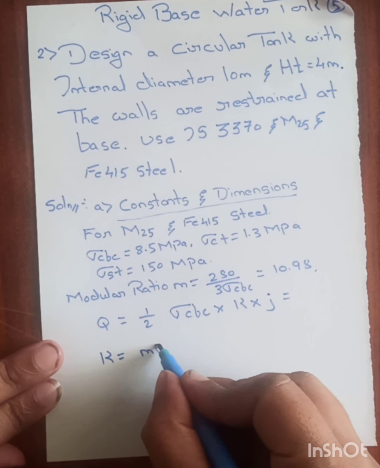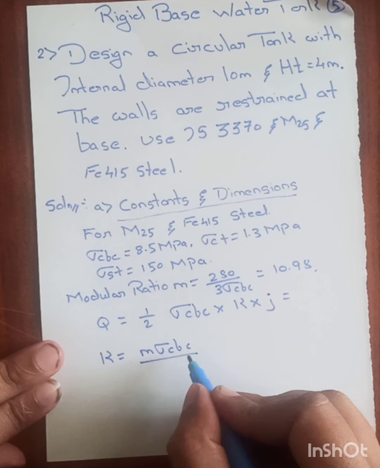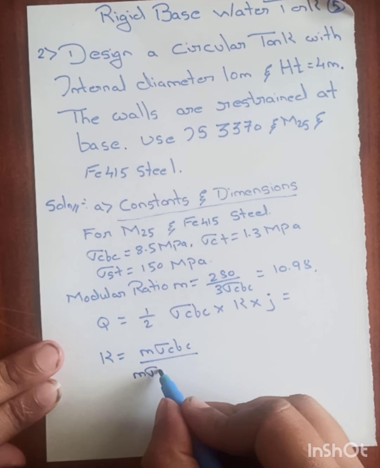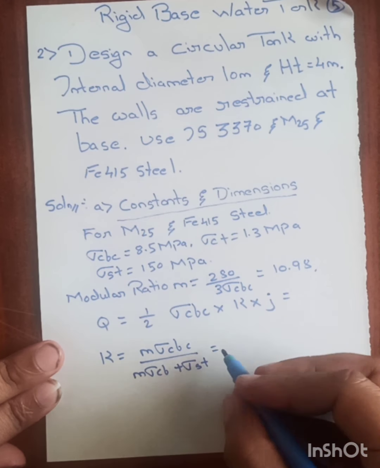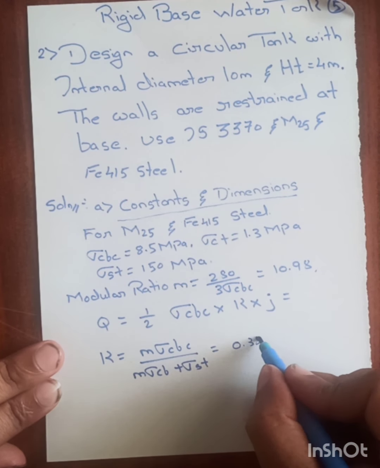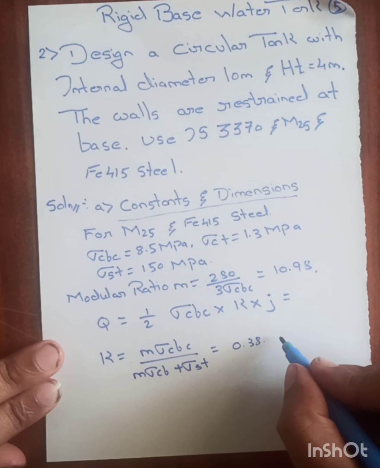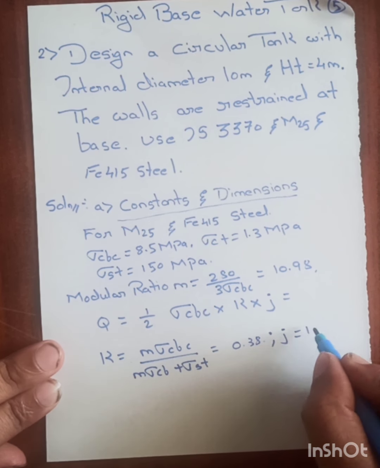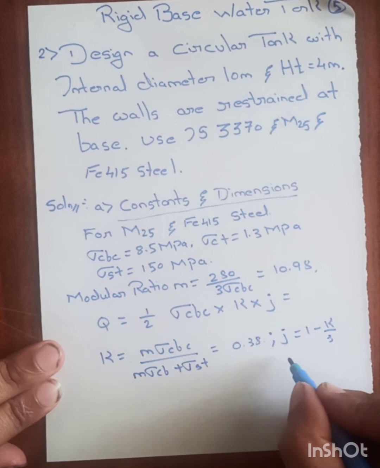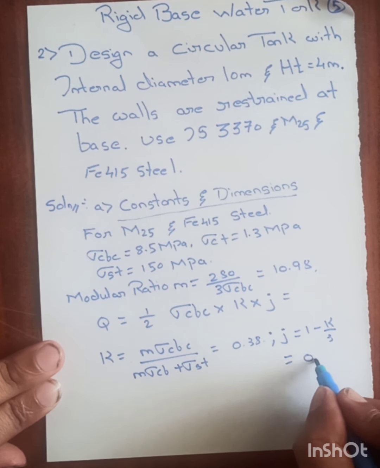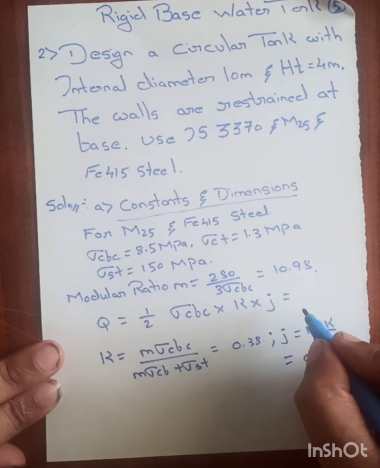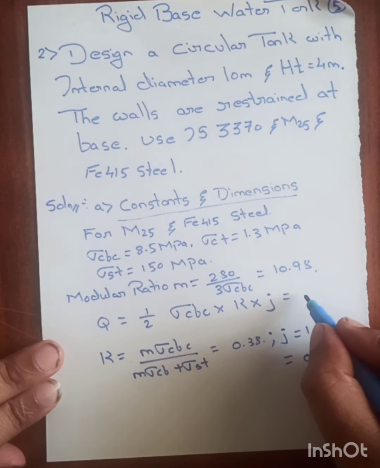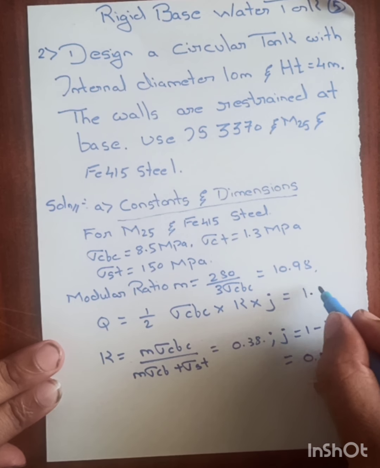K is given by M sigma CBC by M sigma CBC plus sigma ST, which comes around 0.38. Lever arm J is given by 1 minus K by 3, which comes around 0.87. So substituting these values of K and J here, we will get the value of Q, which comes around 1.4.